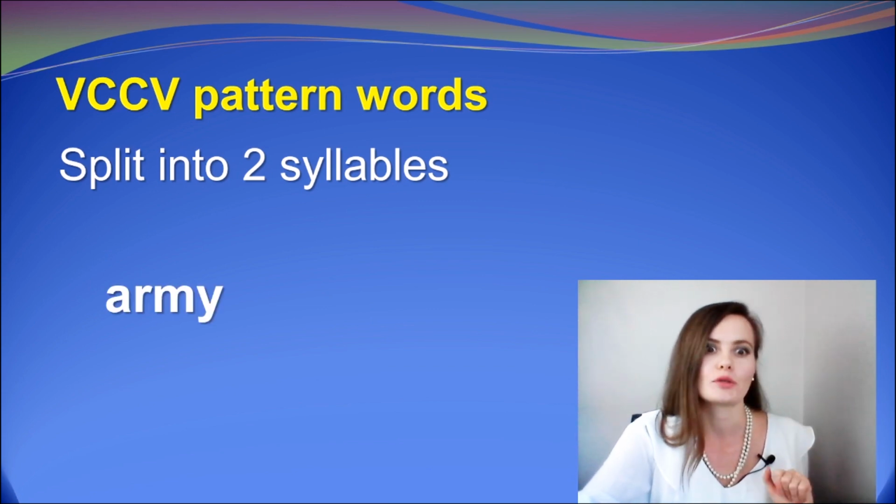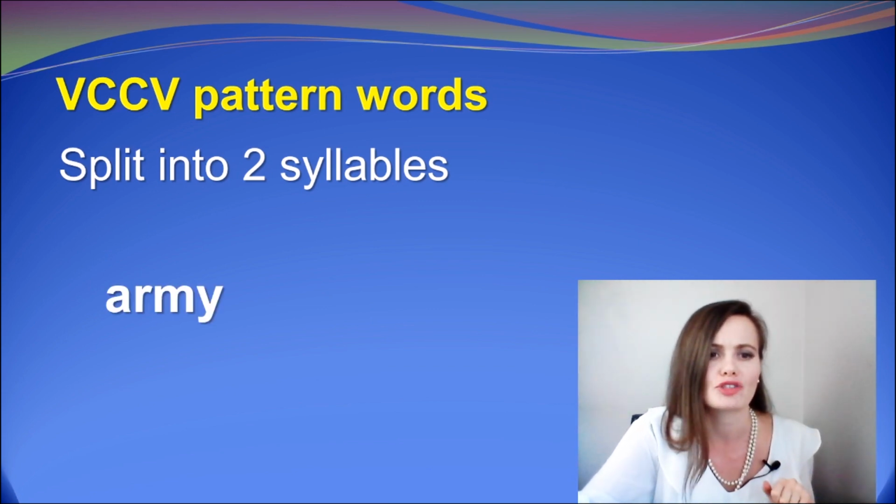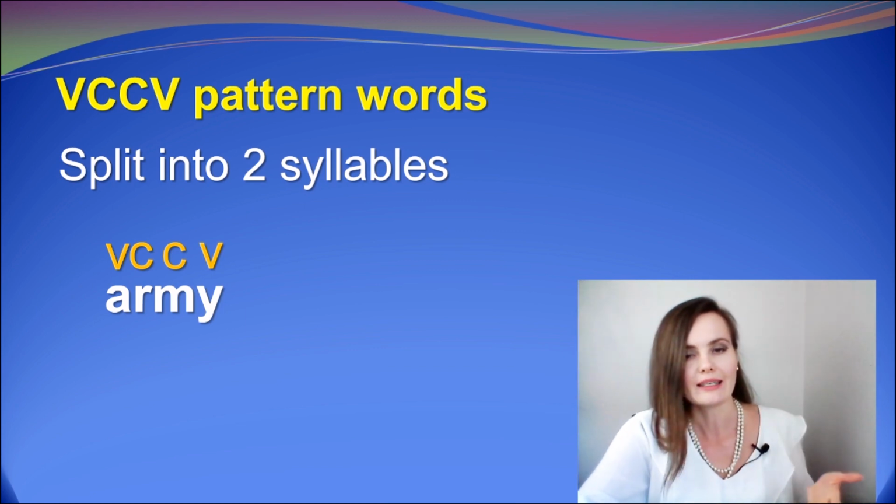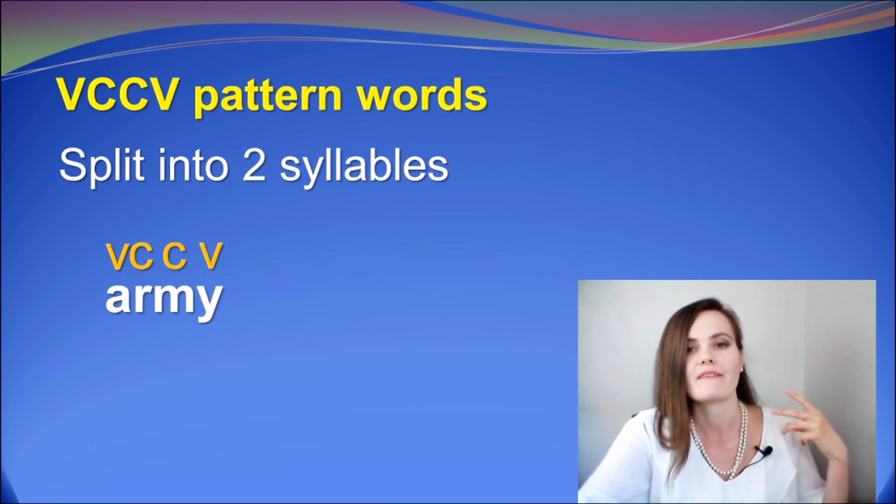Okay, let's move to the next word. How to read this word? This word looks a little bit tricky, but we will learn how to work with this. So first we need to find the first vowel. A is the first vowel in this word. Then we see that we have consonant, consonant, and again vowel. So again, this word has the VCCV pattern.